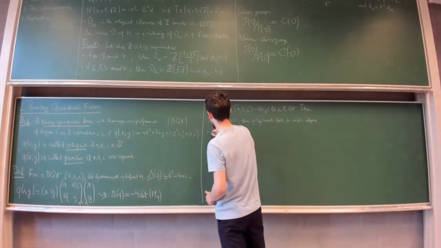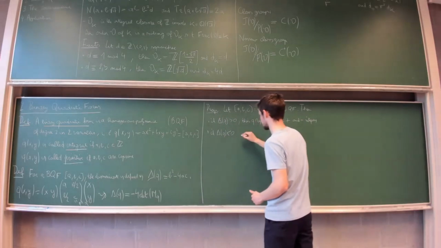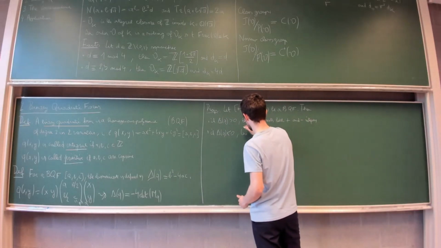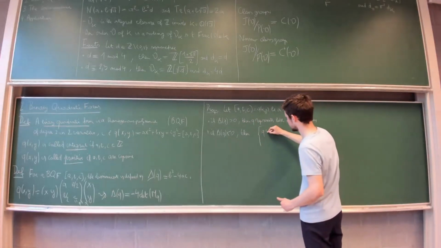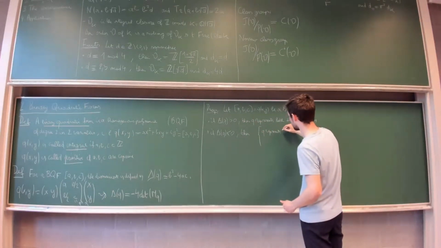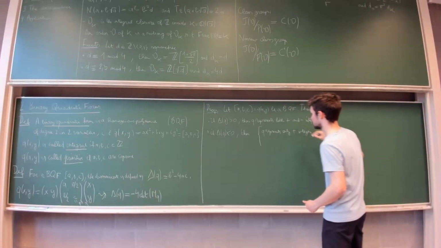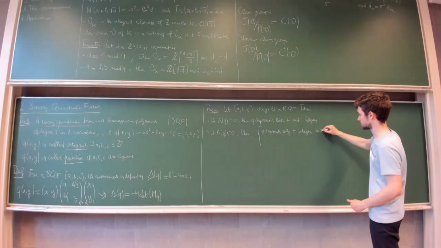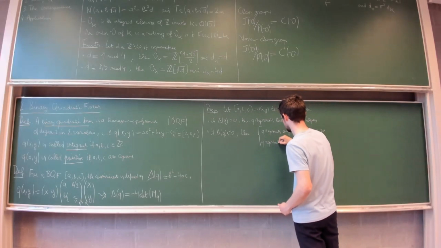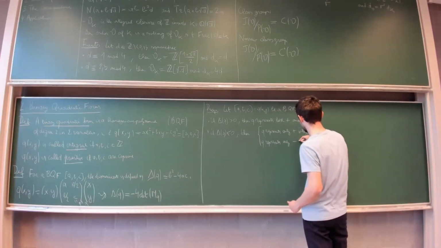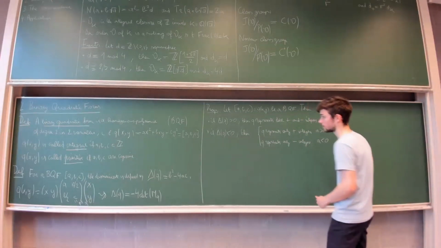But if the discriminant is strictly smaller than 0, we have two cases. Either Q represents only strictly positive integers, in the case that coefficient A is bigger than 0, or Q represents only negative integers if A is strictly smaller than 0.